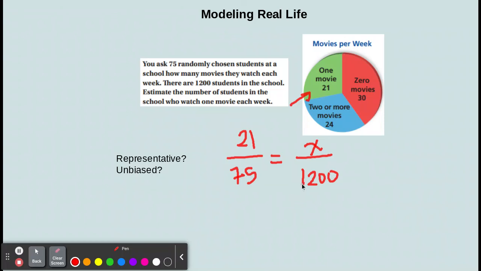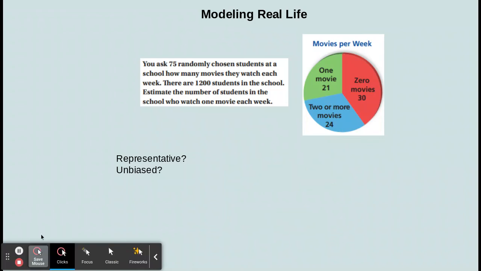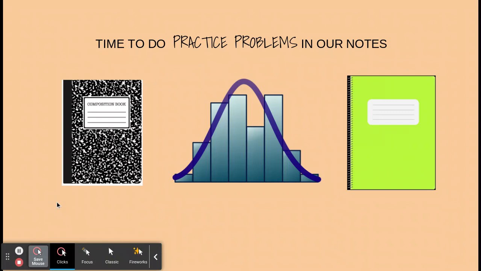And that gives us, if we multiply both sides by 1,200 and simplify it out, we find that 336 students in our whole school watch one movie a week. Okay, so now you have one practice problem that has 2 different parts in it. So you can go do that now, and then we'll talk about it.